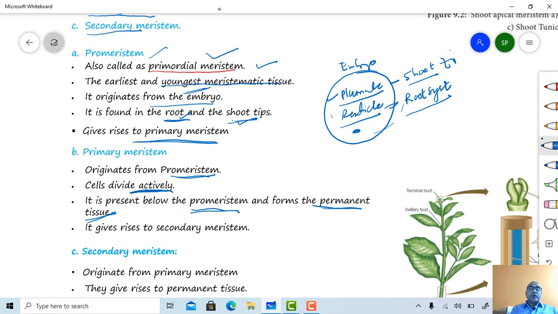Primary meristems are produced from the promeristem. By the division of this primary meristem, permanent tissues are produced, and generally the primary meristem also gives rise to the secondary meristem.